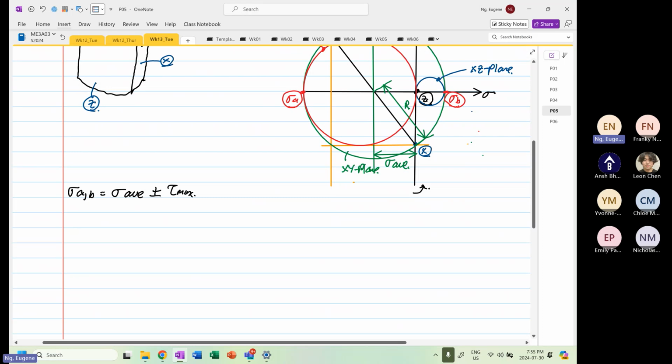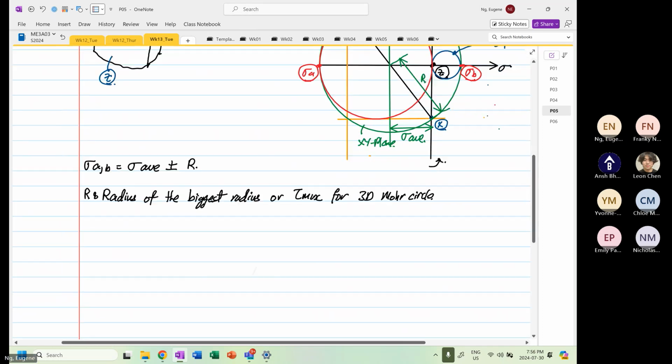Okay, we know that tau max, or I'm going to call it radius, R, where R corresponds to the radius of the biggest radius, or tau max for 3D Mohr circle.